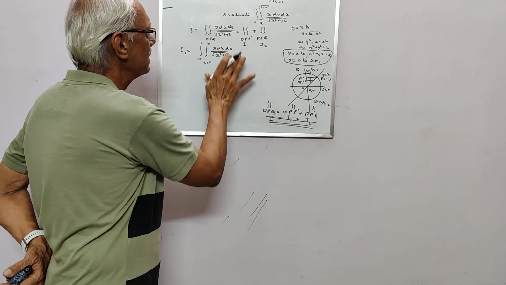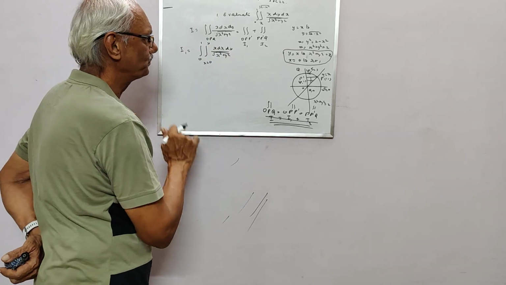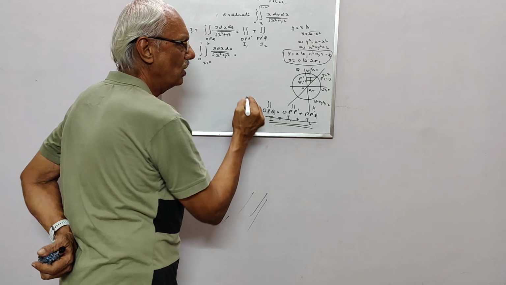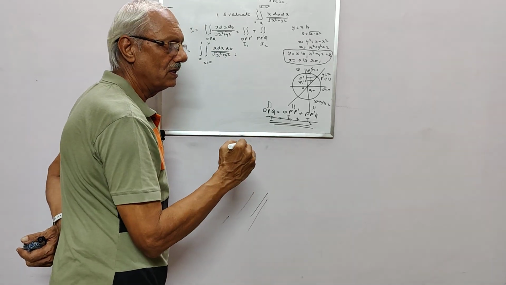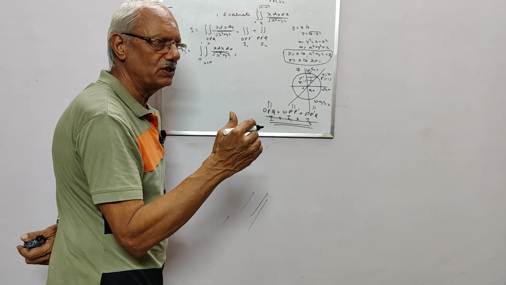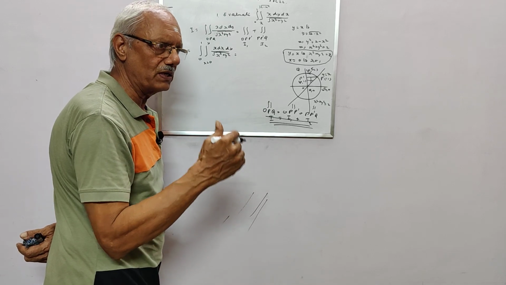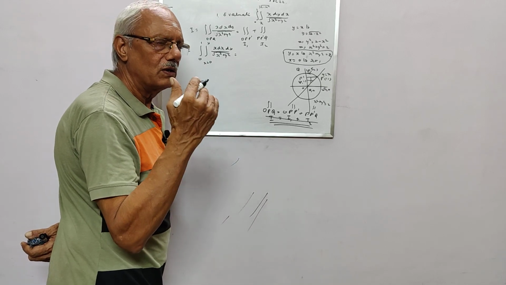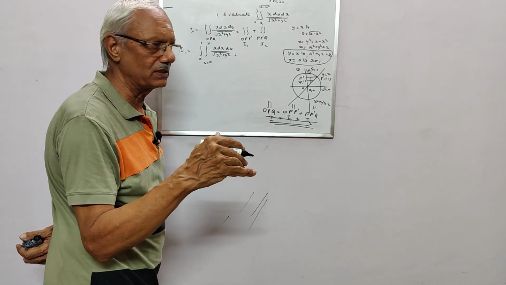Now you see that this integral has to be evaluated. Now, here I will write something and explain afterwards why I have written it like that. That art of integration comes by practice and also by using our knowledge in various branches of mathematics. Okay.